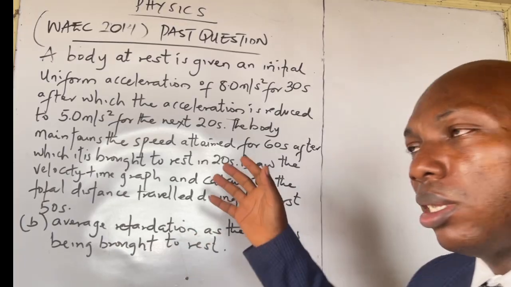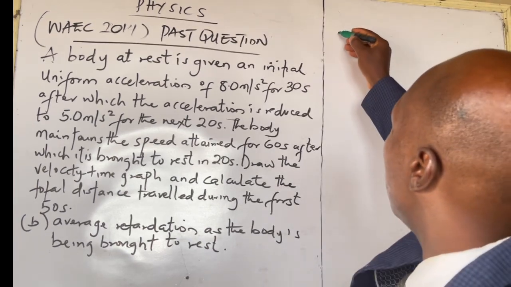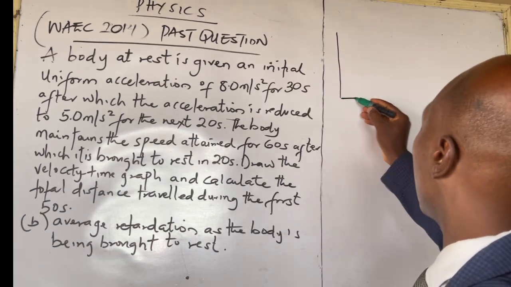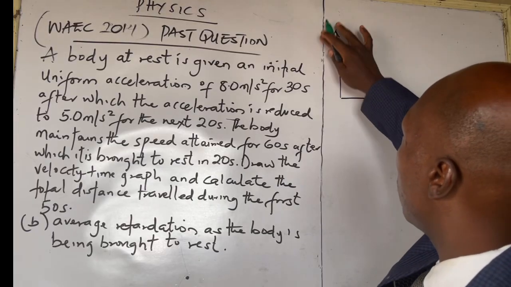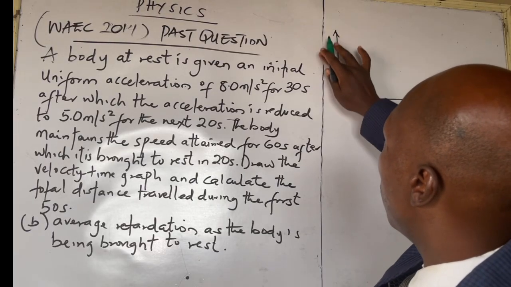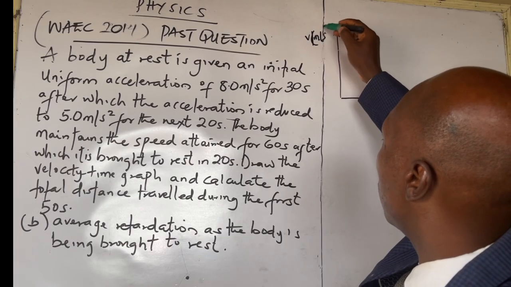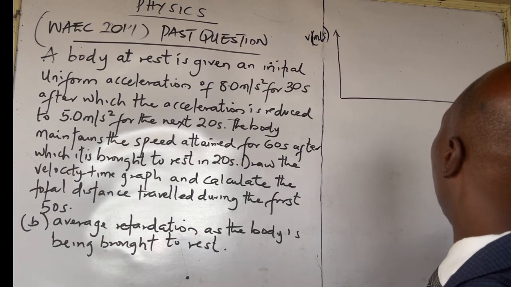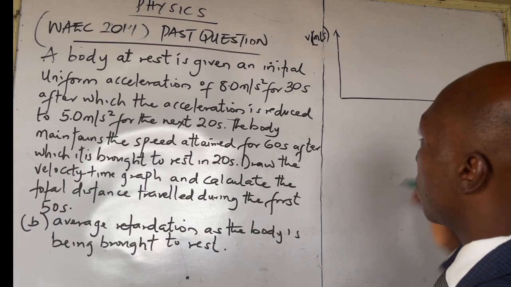So let's draw the velocity time graph of this body. So we have this is velocity, this is velocity in meters per second, and this is our time in seconds.